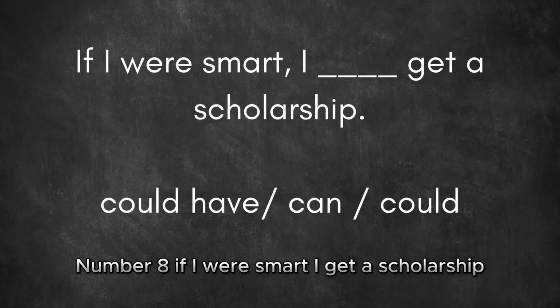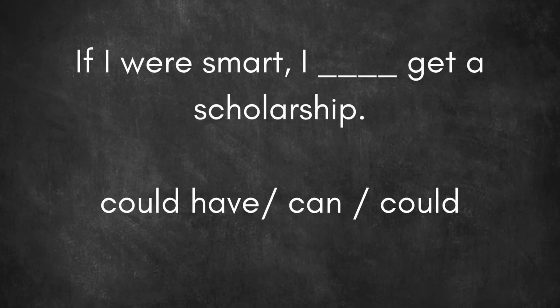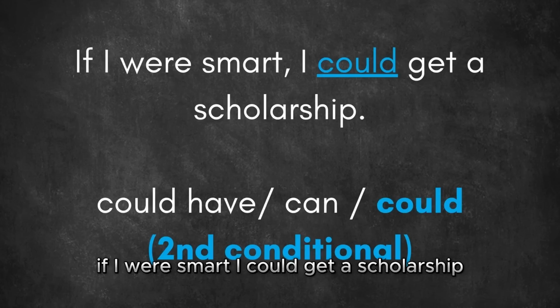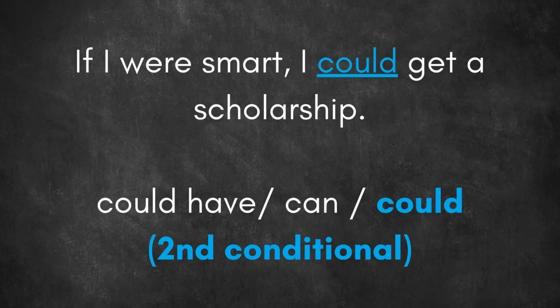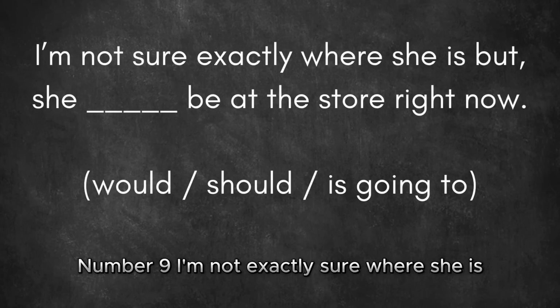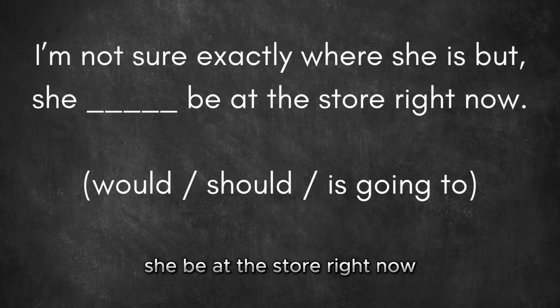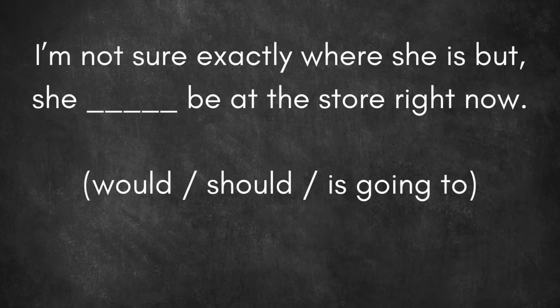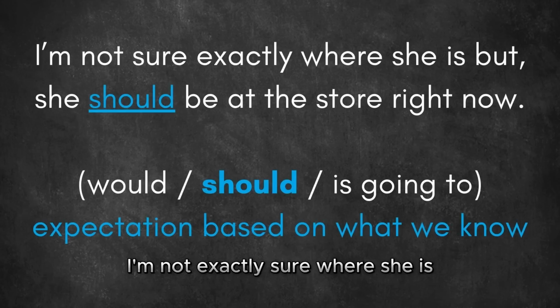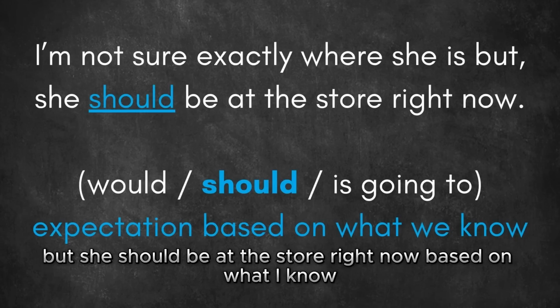Number 8, if I were smart, I get a scholarship. If I were smart, I could get a scholarship. Number 9, I'm not exactly sure where she is. She be at the store right now. I'm not exactly sure where she is, but she should be at the store right now.